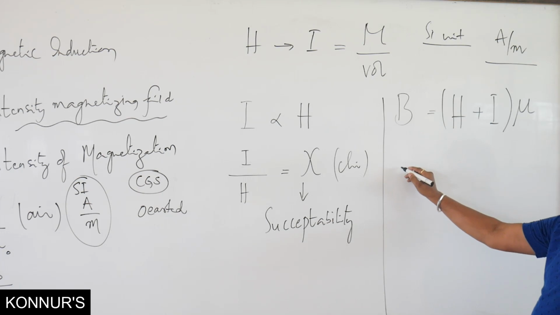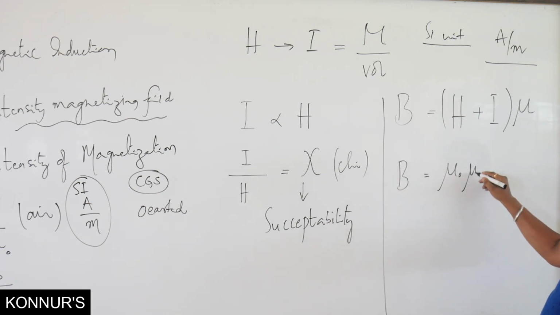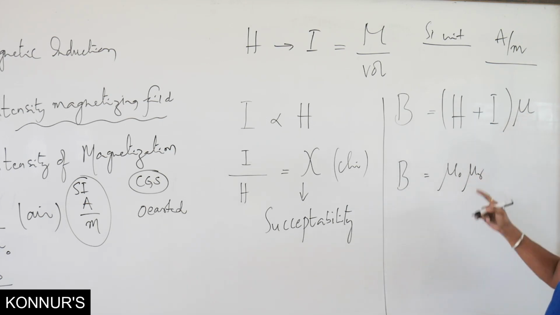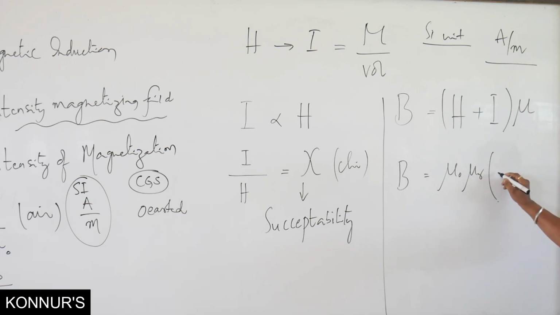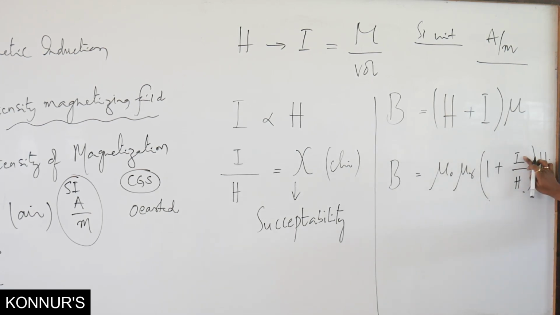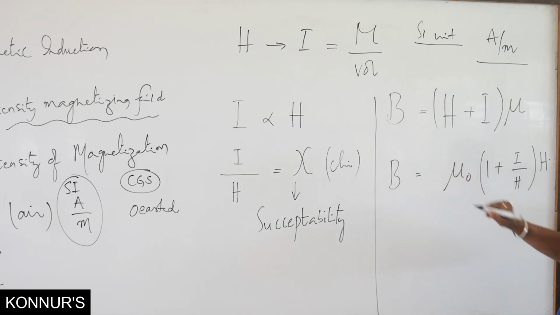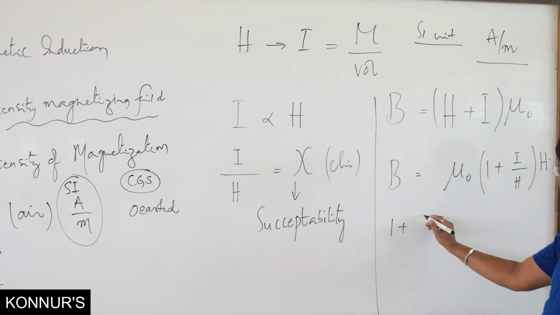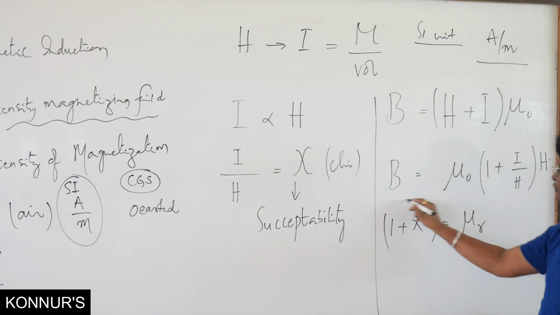Finally you get B is equal to mu naught times mu r, and it is once more 1 plus I by H. I have taken H common, so H by H and I by H times H. Now this term 1 plus I by H is nothing but 1 plus chi, which is equal to a new quantity, mu r, one more result.